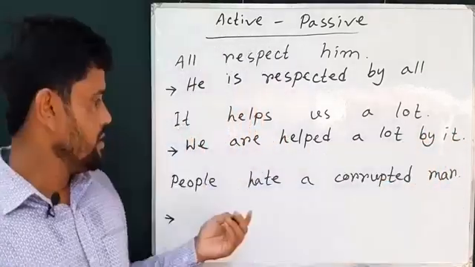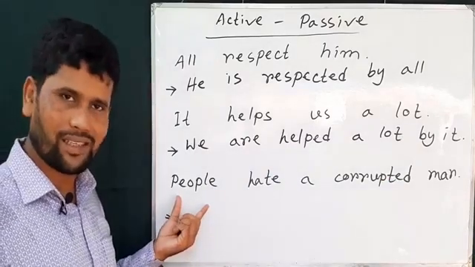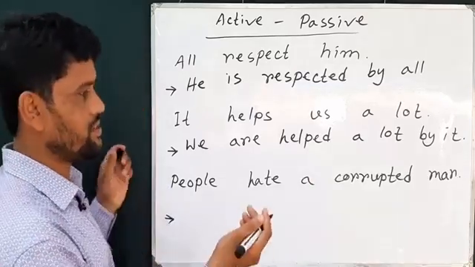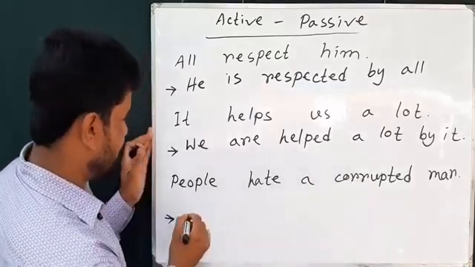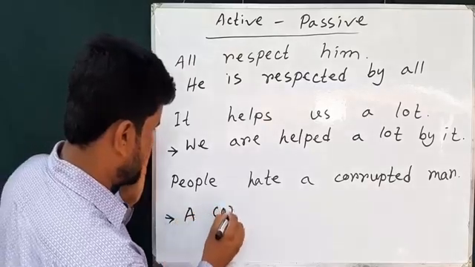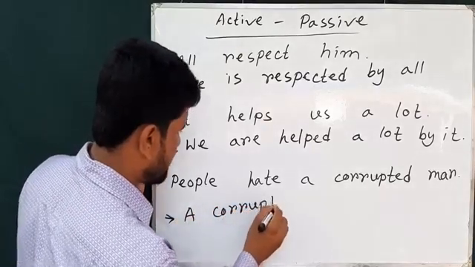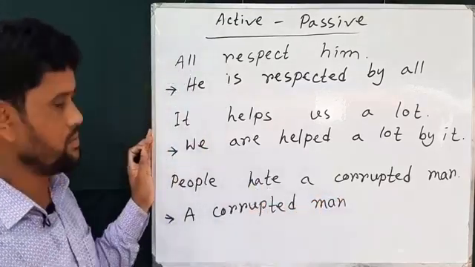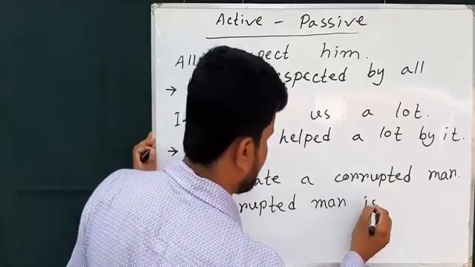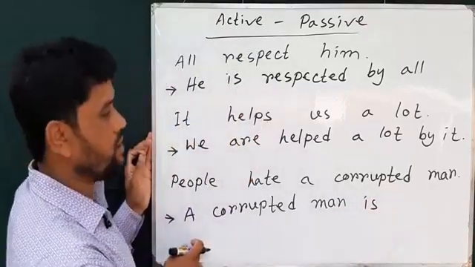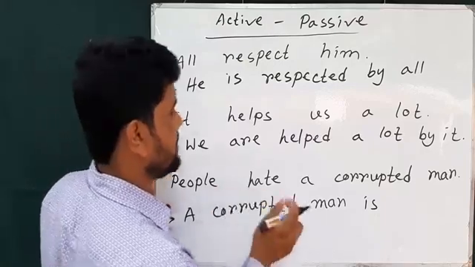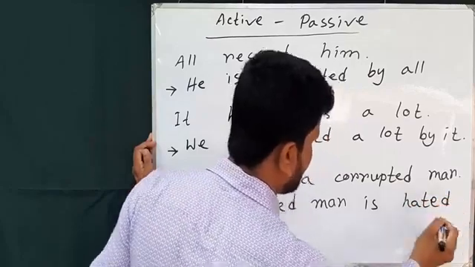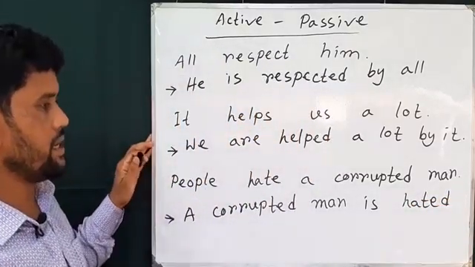I turned the subject into object. Here people is the subject, hate is the verb, a corrupted man is the object. So the first work is to turn the object into subject: a corrupted man. Then hate is present form, so we can use is as the subject is third person singular and the tense is present indefinite tense. And hated, hate is the present form but the past participle form is hated. A corrupted man is hated.